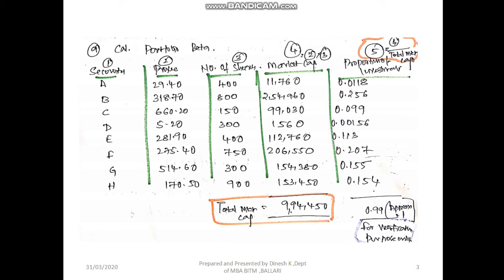Let's say for security A, to calculate the proportion of investment, I take 11,760, that is the market capitalization of company A, divided by the total market capitalization of 9,94,450. I get the proportion of investment as 0.0118. Similarly, for company B, 2,54,960 is what I have invested, and the total investment is 9,94,450. In a similar way, I need to calculate for C, D, E, F, G and H.